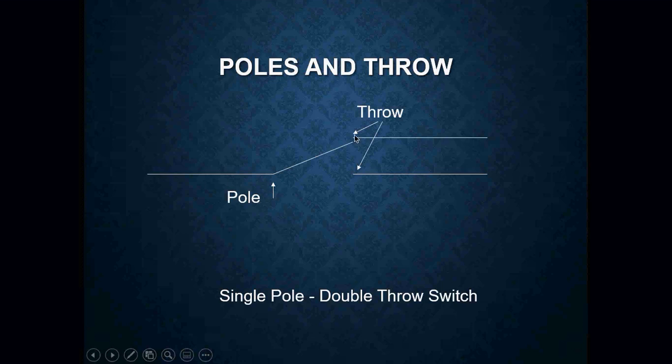The throws is which direction that electricity is going to flow. So in this case, with this switch in this position, electricity will flow through the switch and out through this wire. If this switch was to come down, electricity will simply flow through this wire and not that wire.